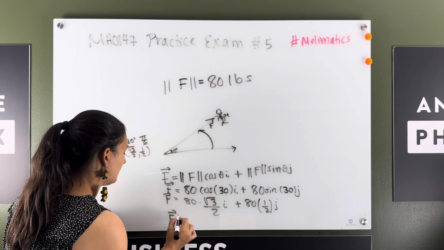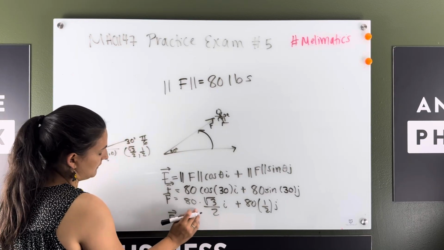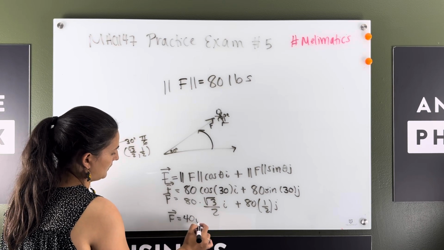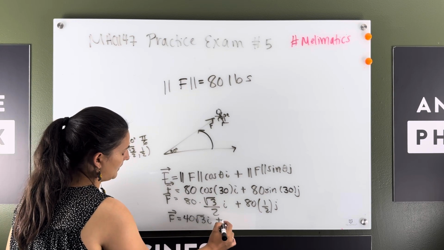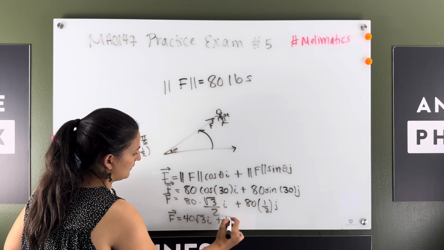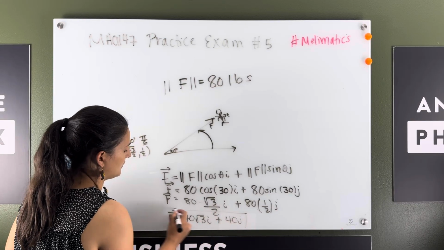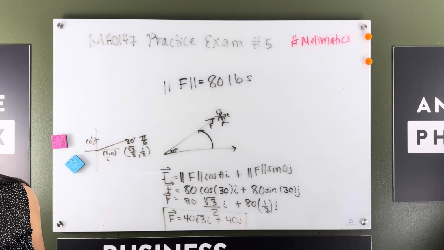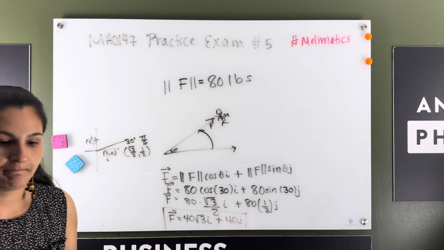So this force vector is, at least we can simplify 80 and 2, right? So 80 divided by 2 is 40. So it's 40 square root of 3 i plus 80 divided by 2, another 40 j. And this is the force vector in terms of i and j. Okay, good.